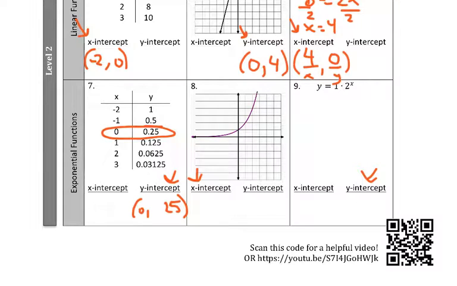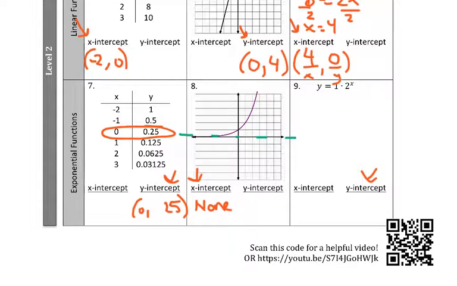Okay, so we're going to find the x-intercept of this graph. We need to figure out where this curvy line crosses the x-axis here. But if I remember right from a couple assignments ago, that's actually an asymptote right there. So we know that that curvy line is never going to cross the x-axis. So in terms of an x-intercept, we could say that there is none.